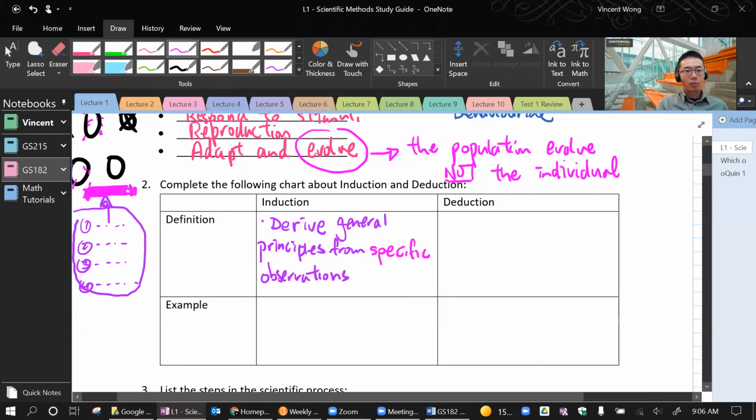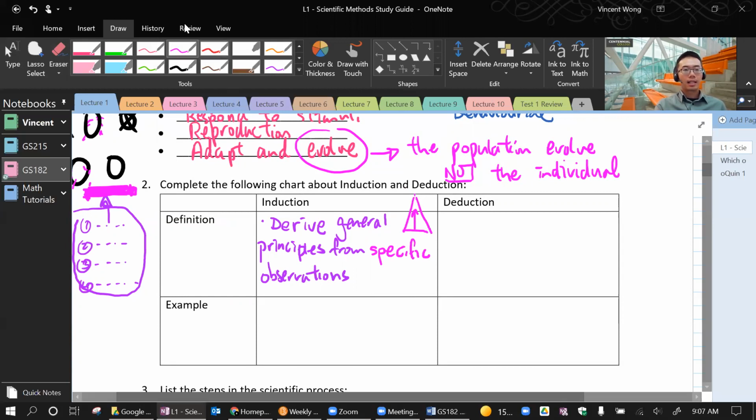Okay, like a big general statement. So it's from many towards one, right? Kind of like a triangle, going this way. Many specific statements, and then you generalize and try to come up with one general statement.